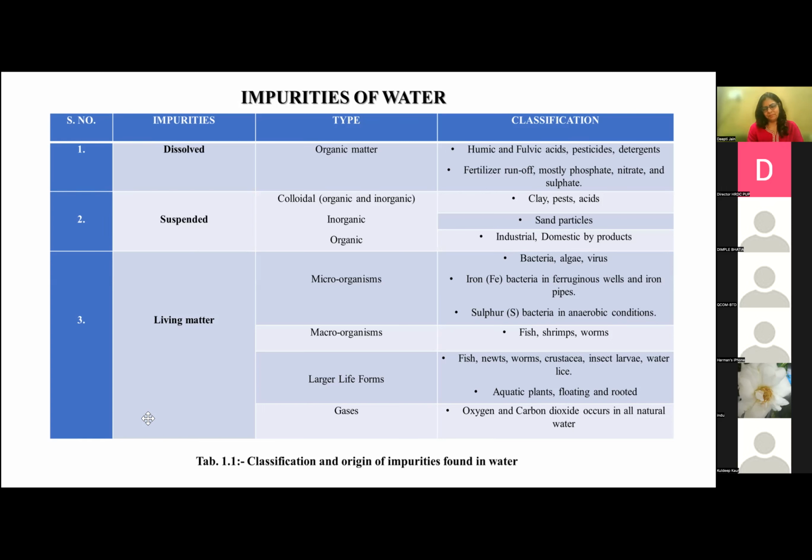Their fossils may be there, or their skeleton may be there in the water as a contaminant. The larger life forms like fish, newts, worms, etc. can be a form of contaminants. And oxygen and carbon dioxide occur in all natural water. So these are all the impurities, and we can't get water totally devoid of these impurities, but their level should be in the acceptable range.